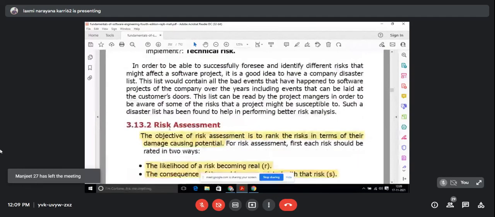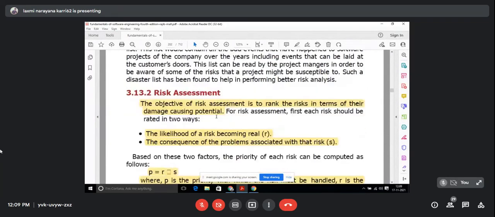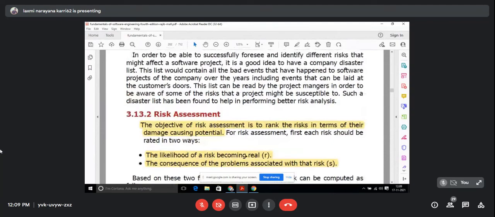Next item is risk assessment. Here we assess the risk, that means how much probability the risk will appear in the project, or how severe the risk is to that project. The objective of risk assessment is to rank the risks in terms of their damage-causing potential and the likelihood of the risk becoming real, which means the probability.